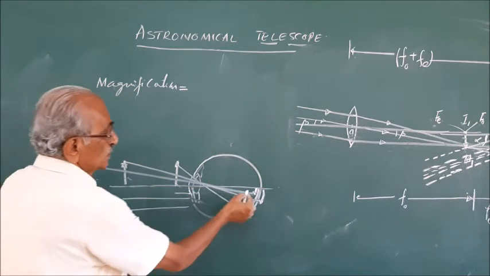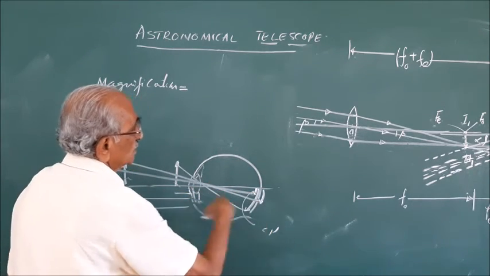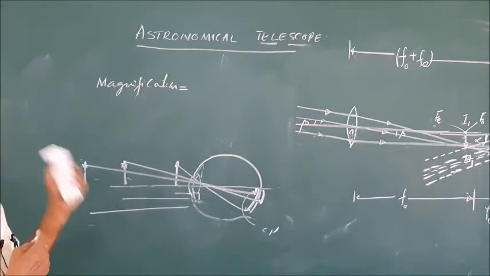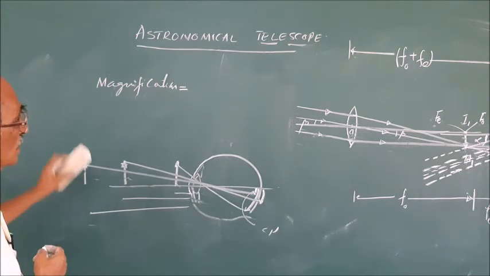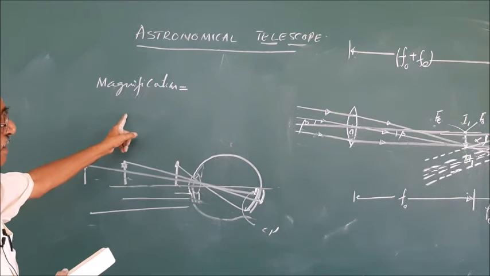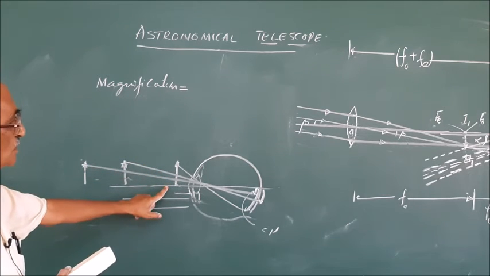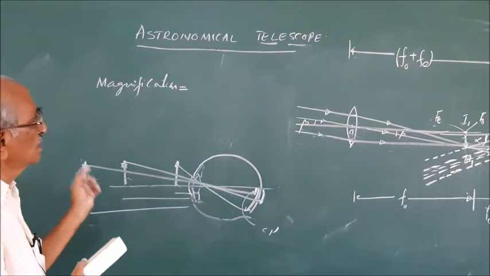Consequently, if it is less than a minute of an arc, we will not be able to see this object at all. Therefore, we define the magnification in terms of the angles subtended by the image and the object.